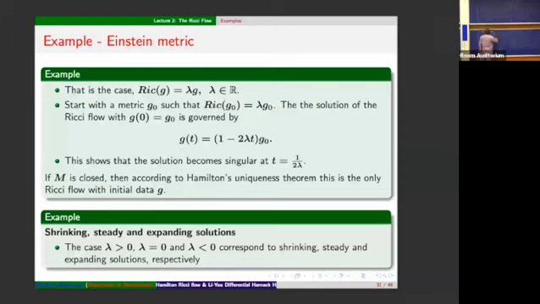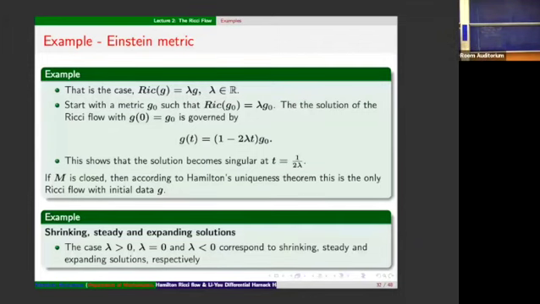That example says, if you start Ricci flow on this metric, say metric G naught, that says the Ricci flow at time t will be (1 minus 2 lambda t) G naught.